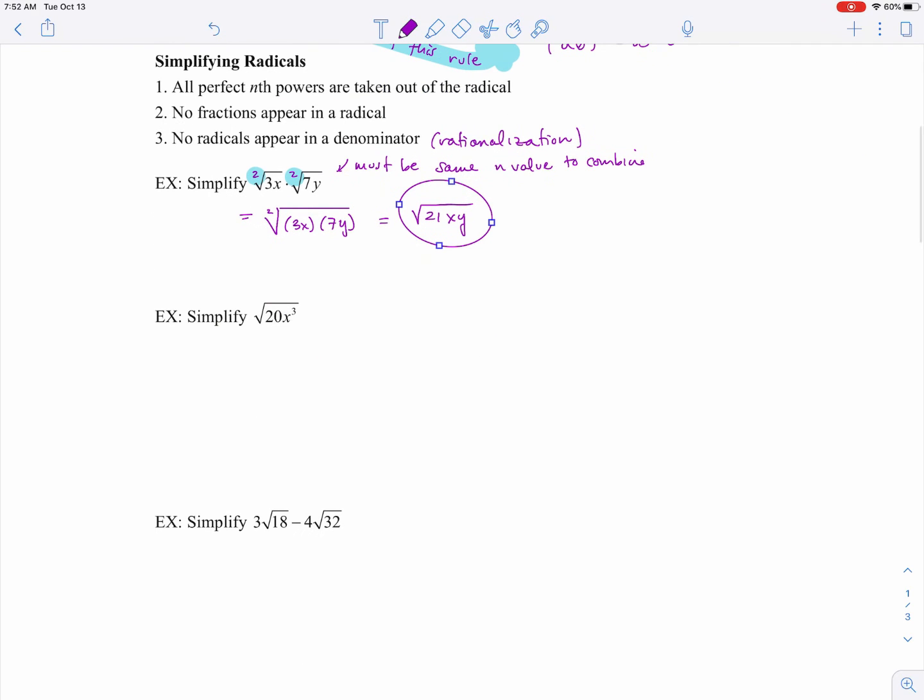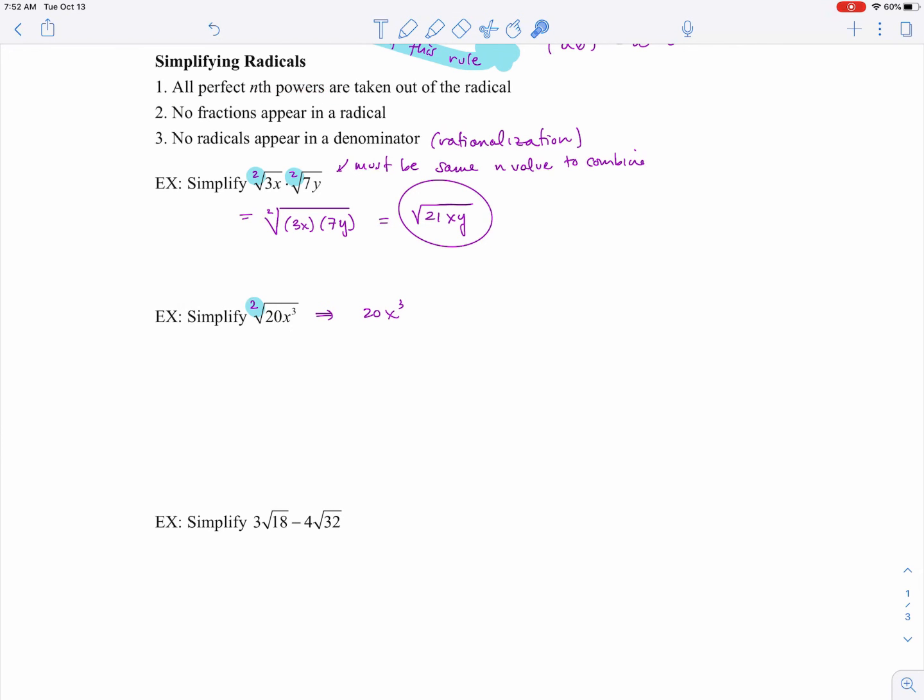Now, here we're talking about simplifying the square root of 20x cubed. So how should this be done? Well, since this is actually a square root, and this rule above says pull out all perfect nth powers, we're talking about pulling out all perfect second powers, or all perfect squares.